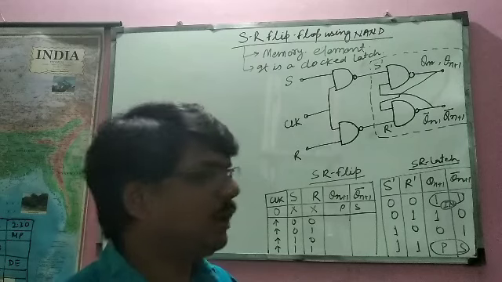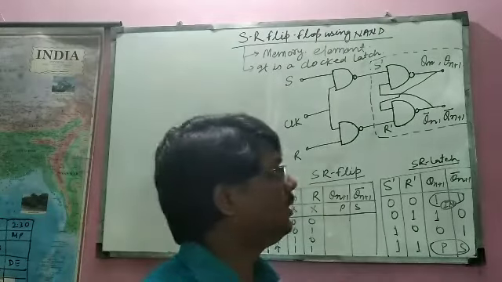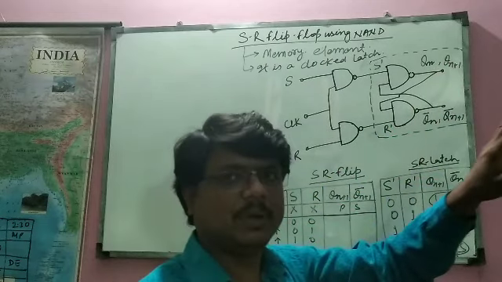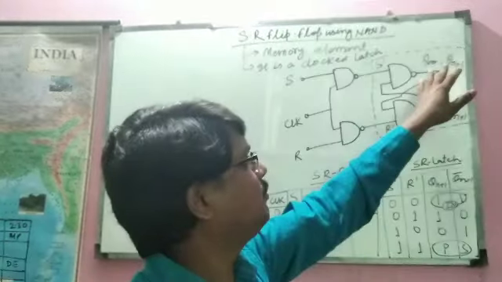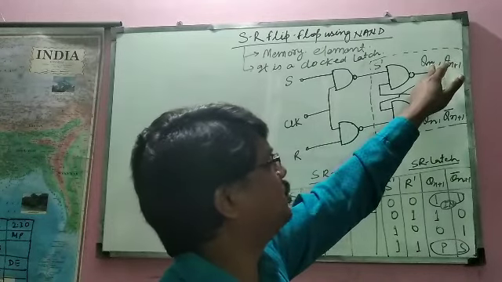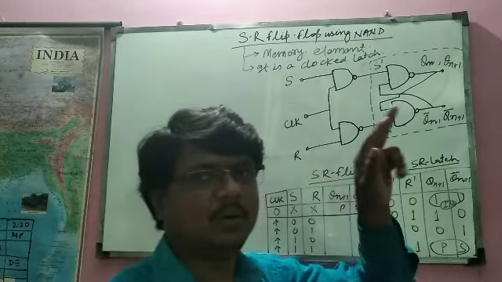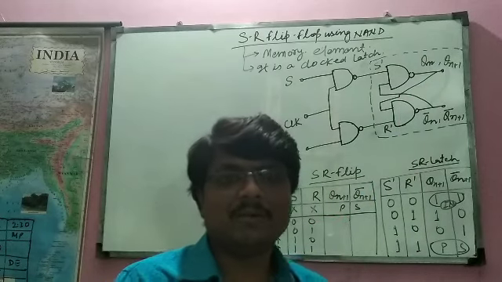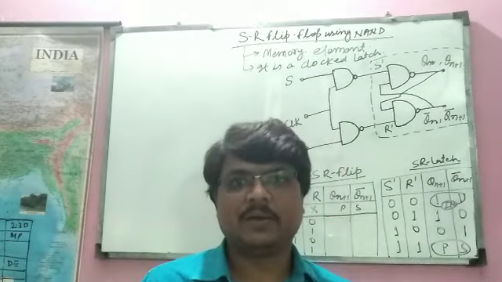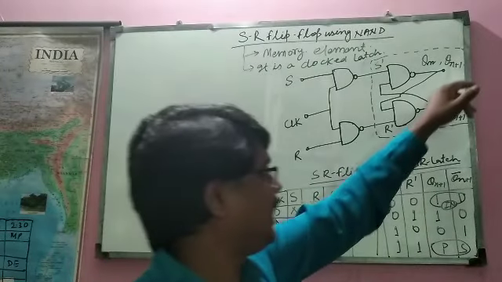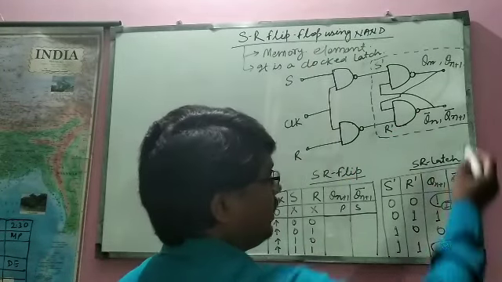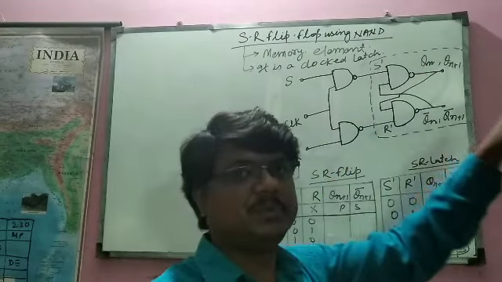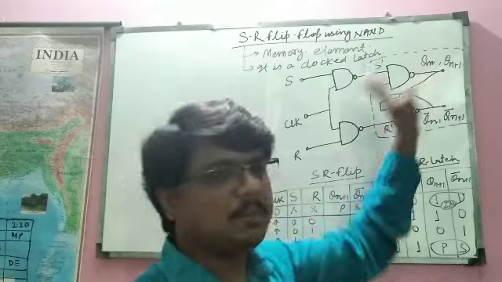One more thing to take care about: you have seen that there is a Qn and a Qn plus 1. What is the difference between Qn and Qn plus 1? Which value do we have to calculate? We have to calculate Qn plus 1, because Qn is just the previous state.